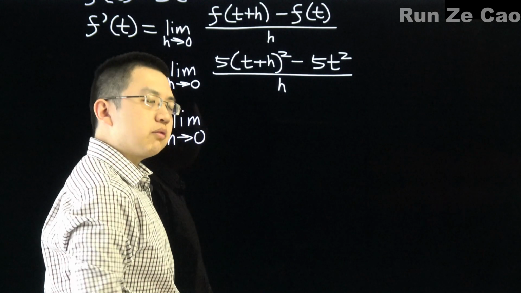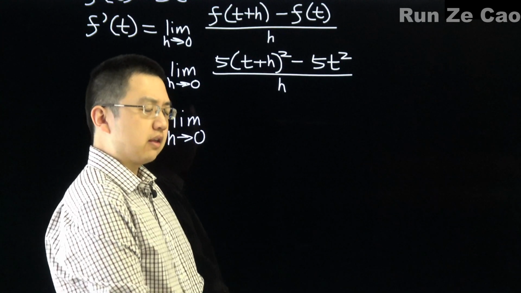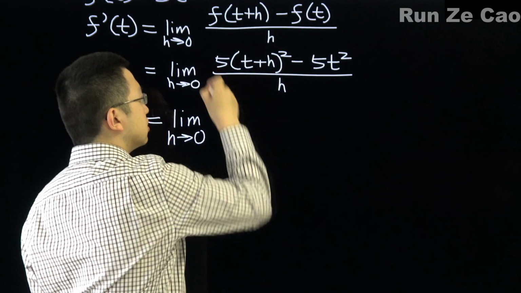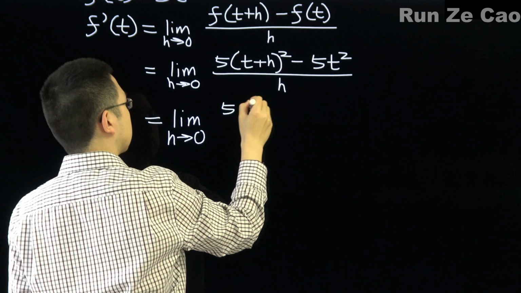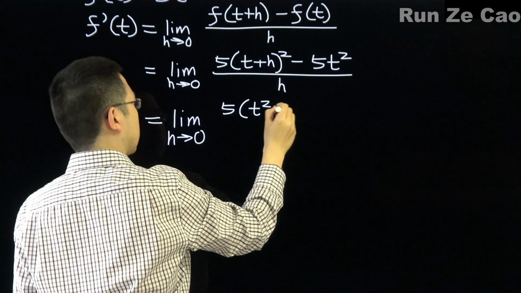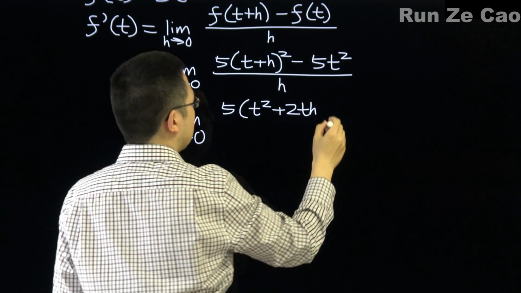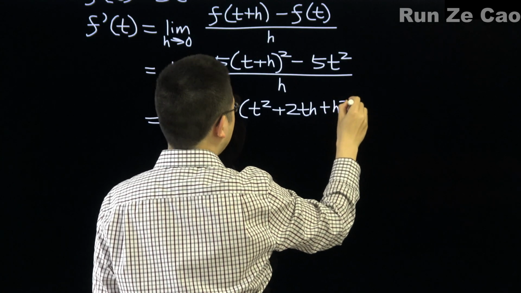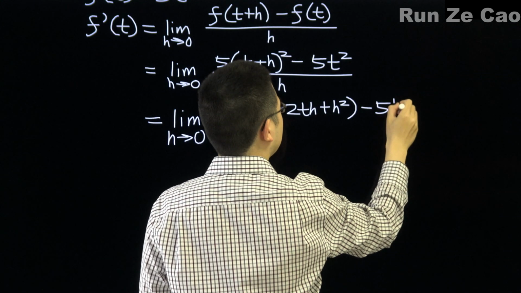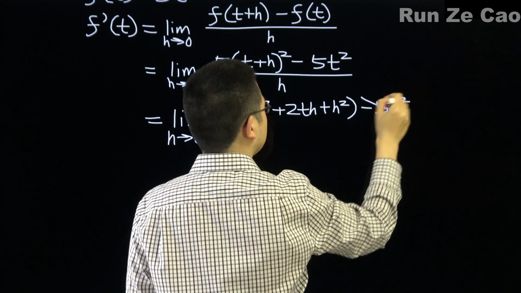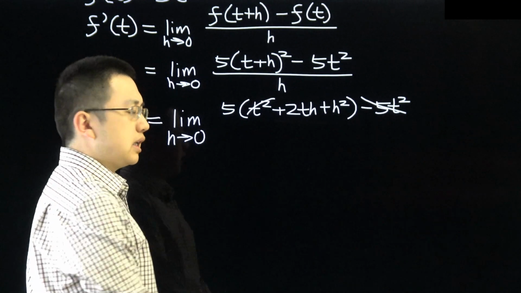If you do a number of these problems with, say, x squared, x cubed, x to the fourth, and so on, you will notice a very interesting pattern surrounding this. T squared, okay, that's fine, plus 2th plus h squared, okay, and then what? Oh, okay, minus 5t squared. Okay, first we cancel this out, so we don't need that anymore. And then what?